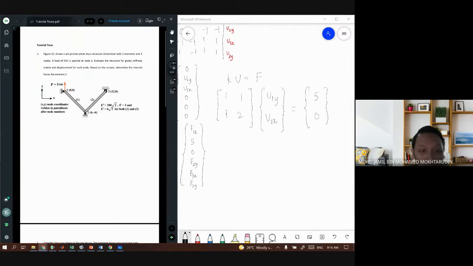If you choose that, you can simply fill in the values in the matrix here. So you have 1, 1, 5, and 1, 2, 0, and then you simply press equals, then you get both values for u1y and u2x.